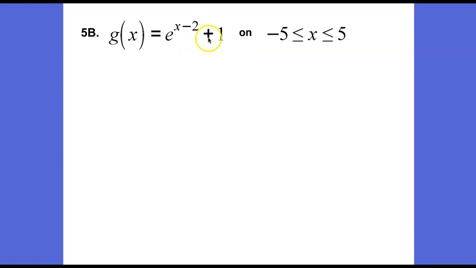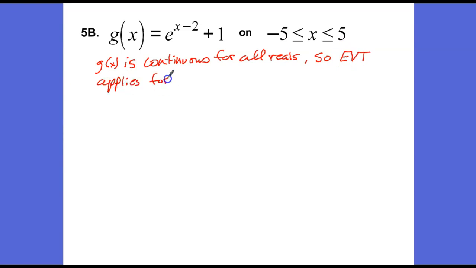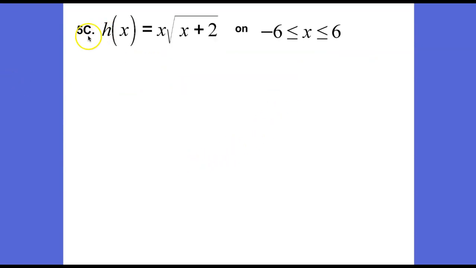So that's just a vertical transformation. So this function is going to be everywhere continuous. It's definitely continuous on our closed interval. So let's write this. G of x is continuous for all reals. So the extreme value theorem applies for g of x on closed interval negative 5 to 5.